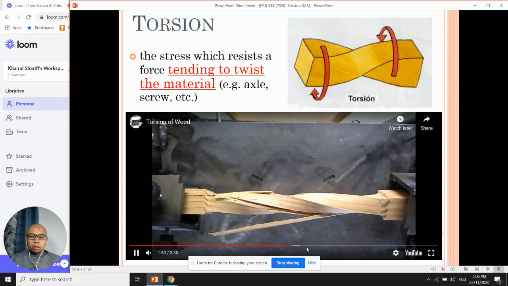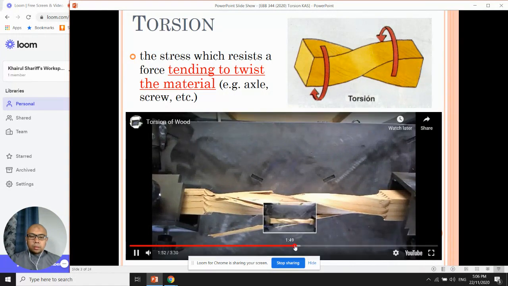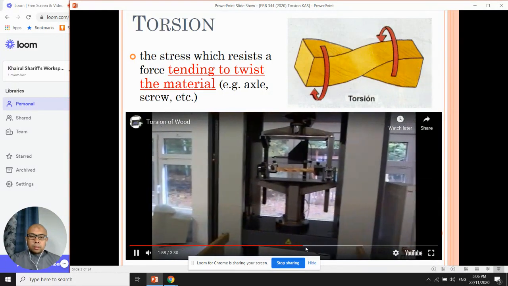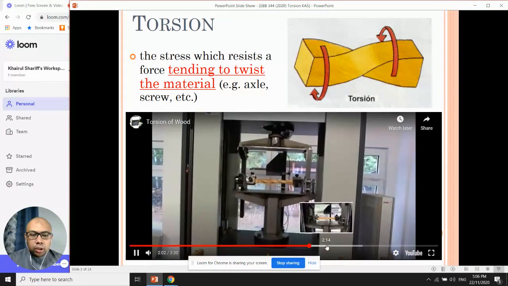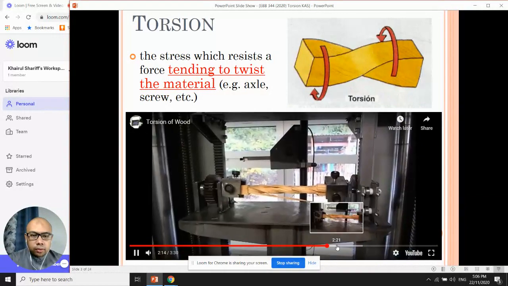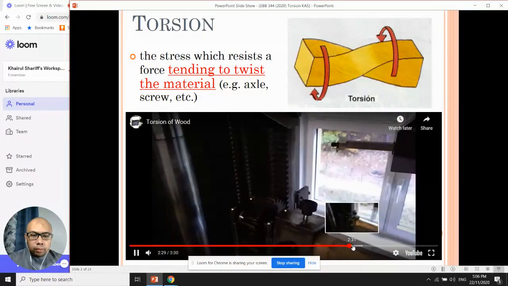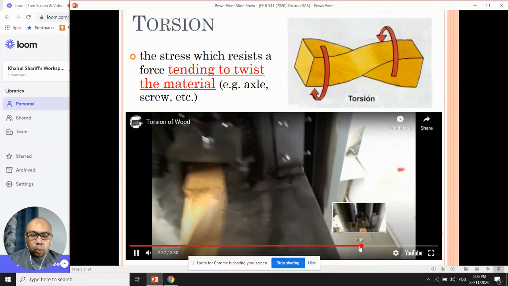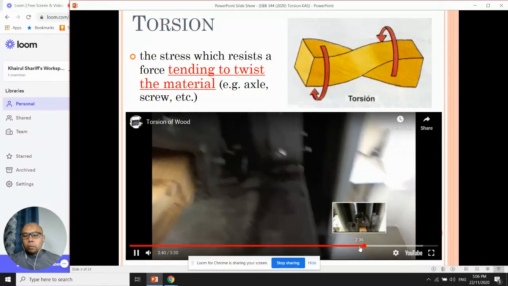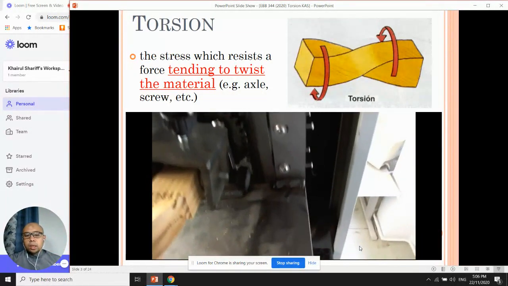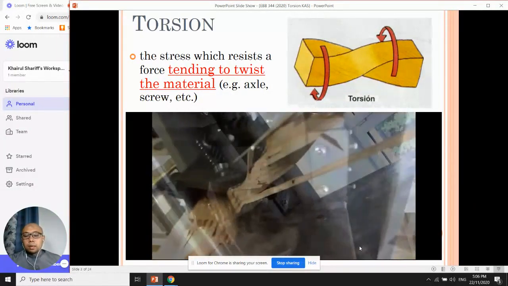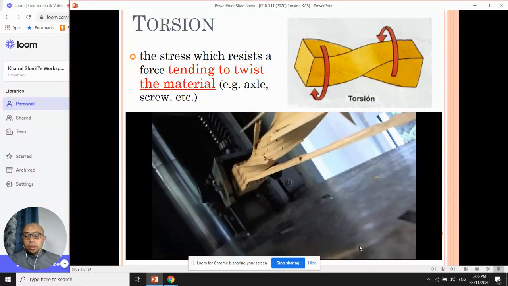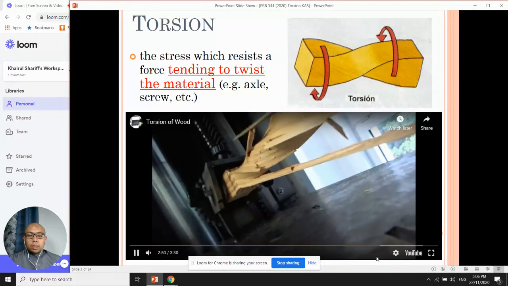It peels off and then breaks together. And this is the setup for the torsion test. Later, when you do your final year project related to composites or metals, normally you will do a torsion test, but it depends on the application.